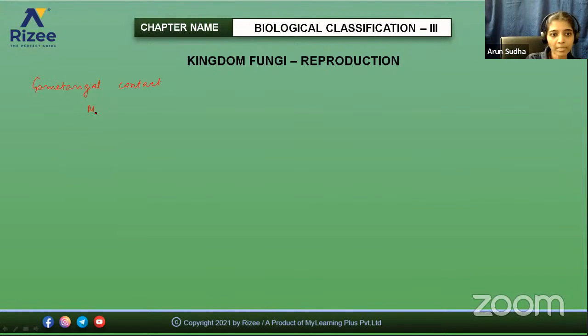For example, if there is a mycelium, in the same mycelium different hyphae will be there. One produces an antheridium, that is the male sex organ, and another produces the oogonium, that is the female sex organ.